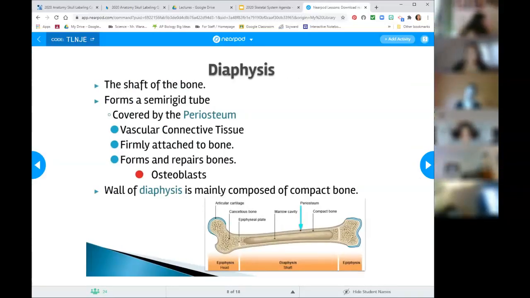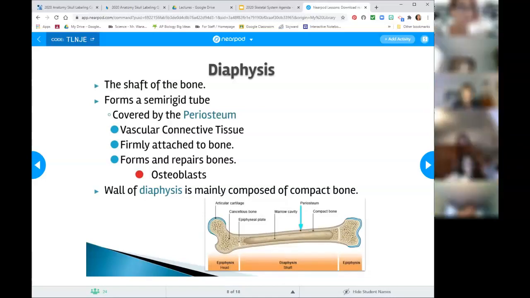So the diaphysis is the shaft of the long bone, the long part. So this is going to be my diaphysis. Dia means through. It's covered with a thin layer of fibrous connective tissue called periosteum. Peri means around, oste, bone, right? Eums are typically tissues or linings.